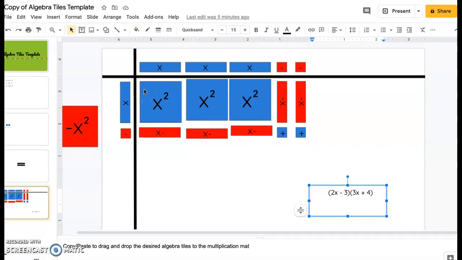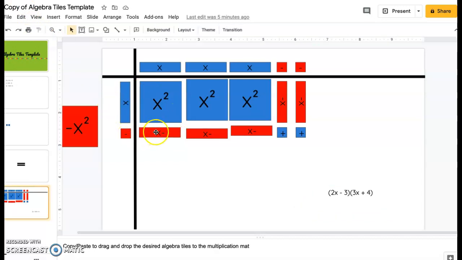Alrighty, so how we figure that is that if it's next to a red, then the red wins. But if it's next to 2 reds, then it becomes blue. Now we're going to set up for our last problem. 2x minus 3, and that's in one set of parentheses, times 3x plus 4, and that's in a second set of parentheses.